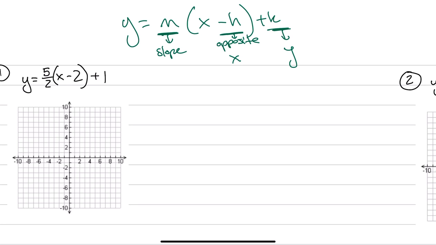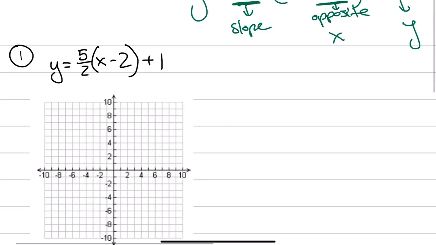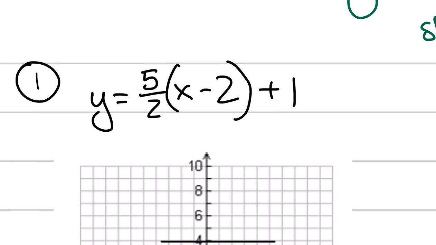Alrighty, so this is going to give us our slope and a point. Just remember that that point is going to start with the opposite sign that your h has. So let's take a look at our first one here and see how that works out.